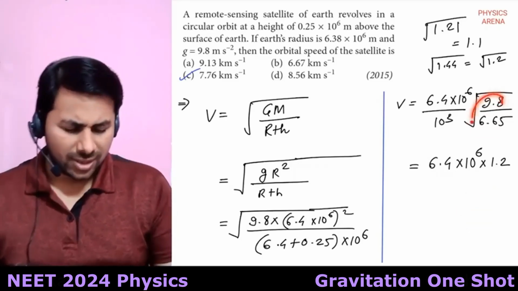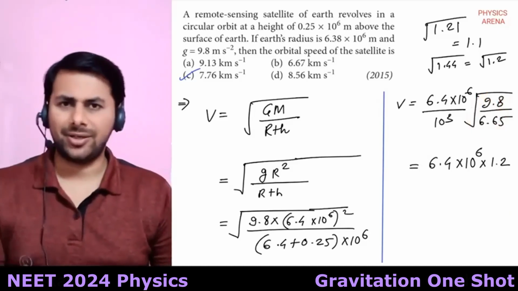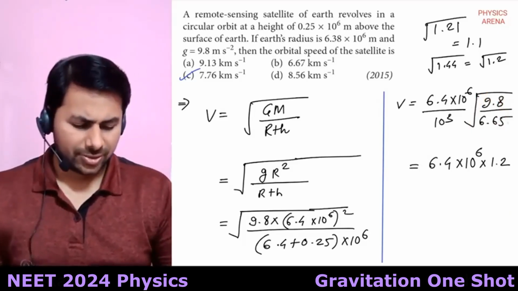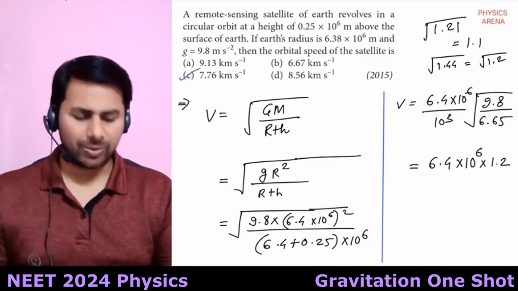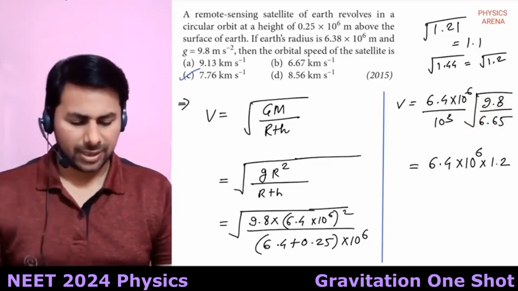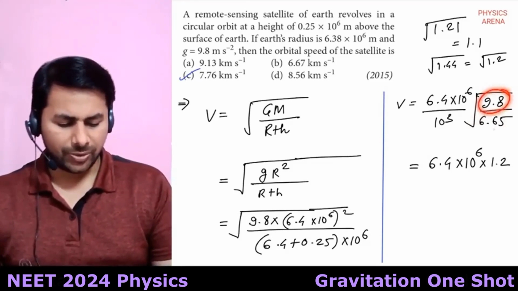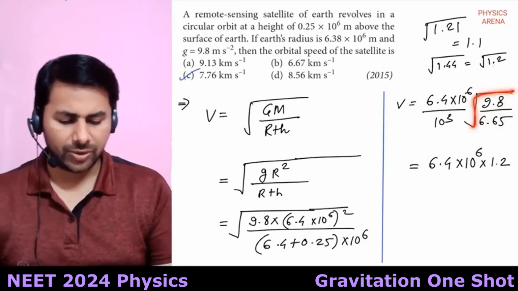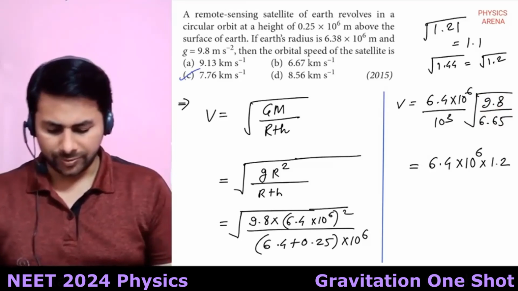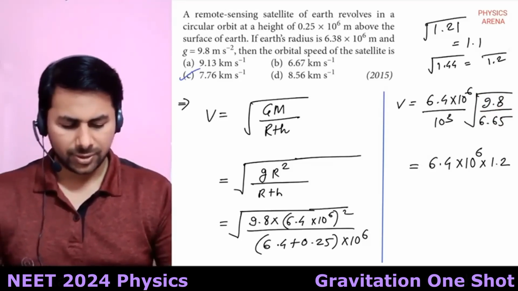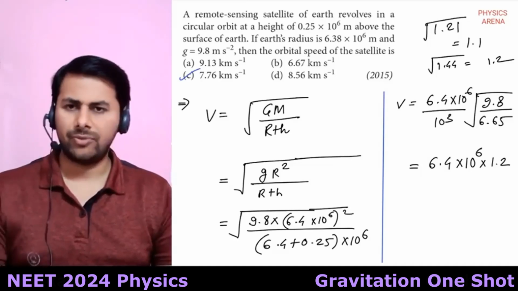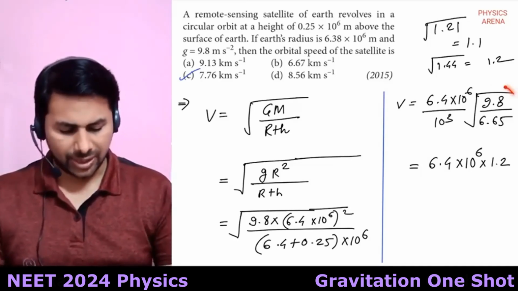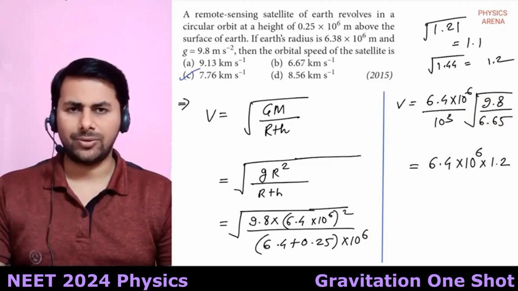So I'm doing some guessing here. This thing will be nearly 1.4 to 1.5, and if this is 1.4 times this thing, then its square root will be 1.2. Square root of 1.44 will be 1.2, so that's how I have taken the square root.